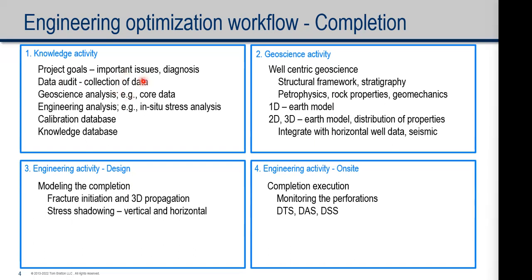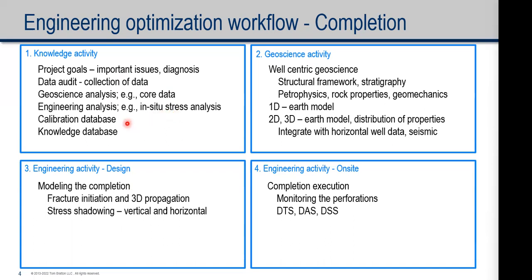You start with what are the important issues? What are we really trying to do? There's the data audit where you collect the data. You take a subset of that data, for instance, the core data, and you'll do your geoscience analysis on it. You know, what's ground truth for porosity? What's ground truth for permeability? There's the engineering analysis as well, looking at all your in situ stress tests and whatnot.